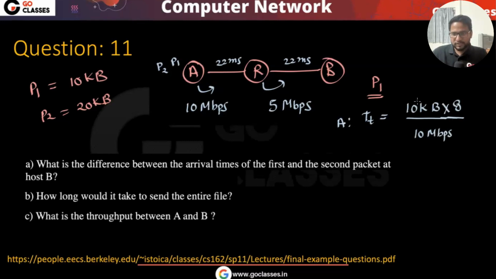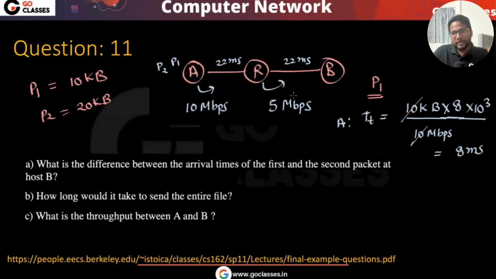This is 10 to the power 6, this is 10 to the power 3, so I can convert that to mega itself. Now the units are fine, so this 10 and 10 will get cancelled out. It will be 8,000 seconds, which is just 8 milliseconds. So the transmission time is 8 milliseconds for packet 1 at A.